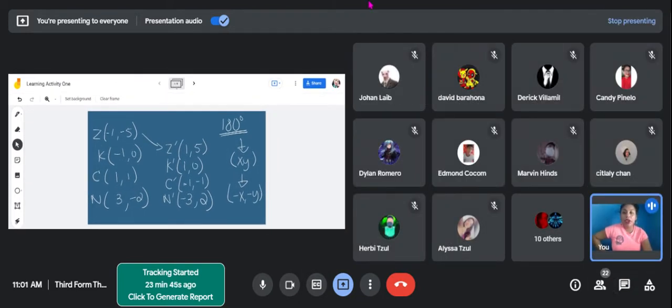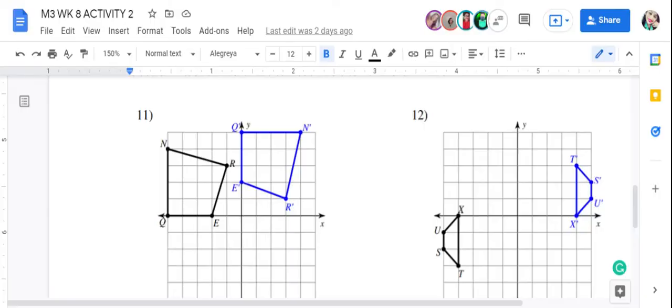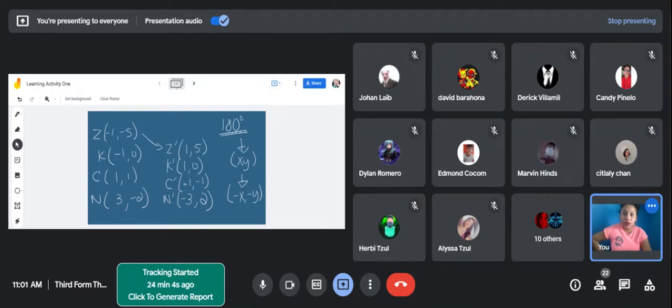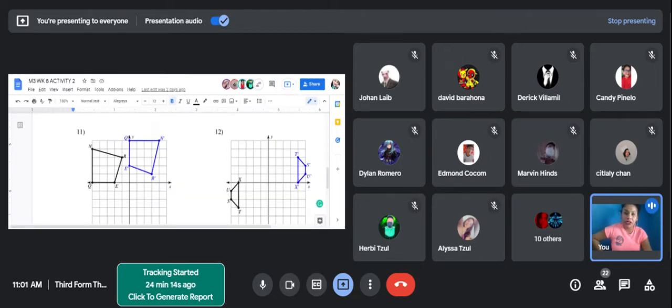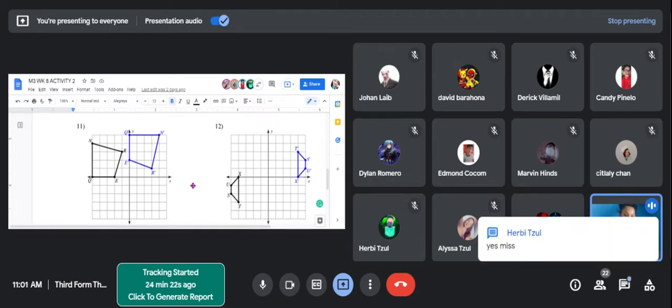So let me share the worksheet. It's right here. Oh, what did I do? What did I do? Share this comment. Okay. Can you guys see the worksheet? Yes, ma'am.